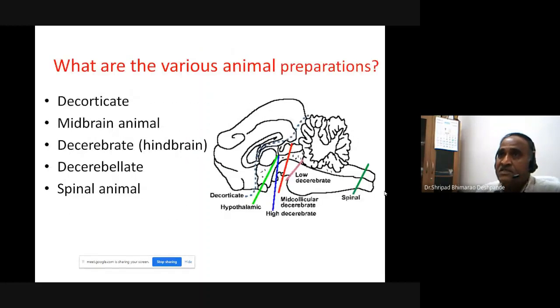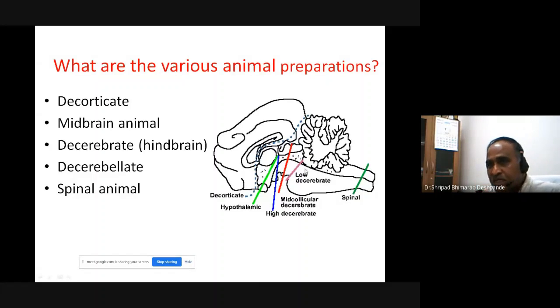Now, these are some of the animal preparations. I have already briefed you in the first slide. Decorticate animal: the entire cortical mantle is separated from the rest of the neural tissue. The midbrain animal is one in which the midbrain is intact and the remaining part of the cortex is removed. When this midbrain animal is prepared, the thalamus and the hypothalamus remain intact.